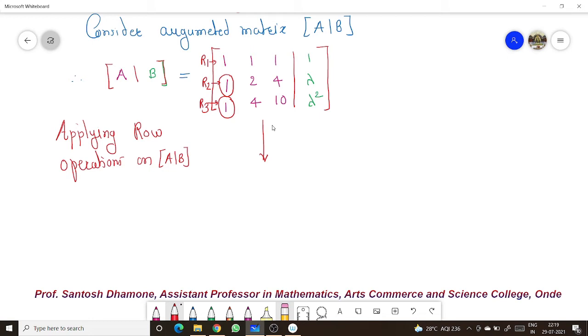Our first entry is 0, next 3 minus 3 is 0, 9 minus 3 into 3, 9 minus 9 is also 0, and lambda square minus 1 minus 3 is lambda square minus 4.